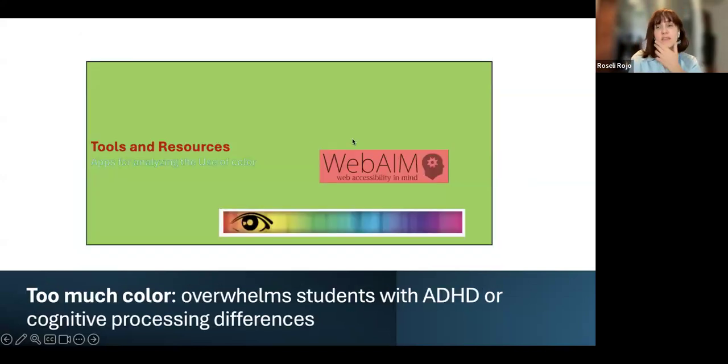The following one is too much color. It overwhelms the students and also ourselves as we are trying to understand and decode the importance of those elements included in the design.